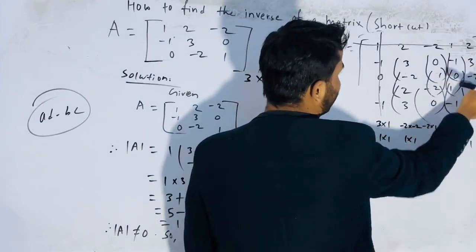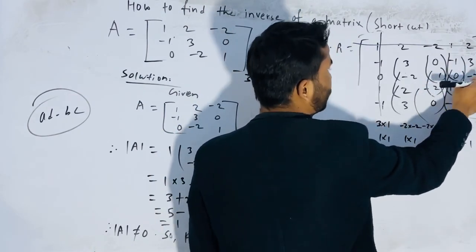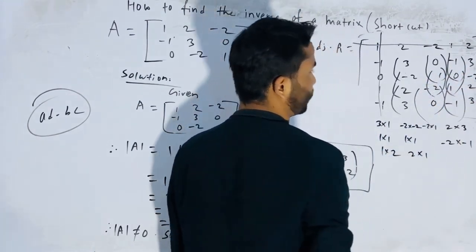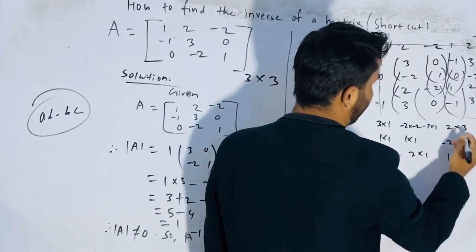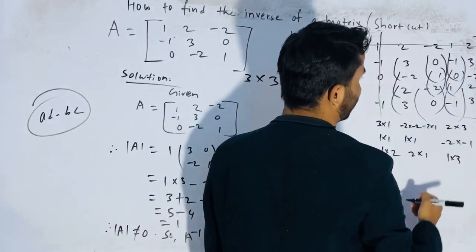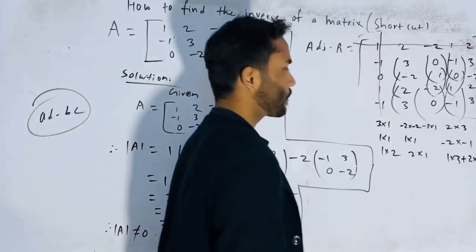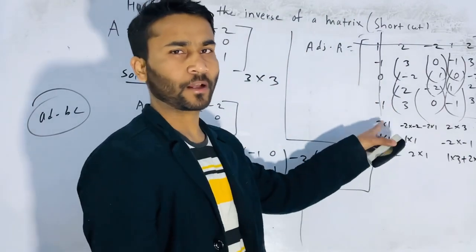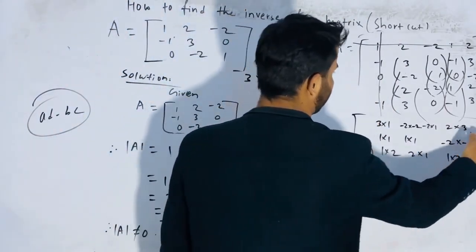Now let's calculate these 4 terms. So 0 into 0 becomes 0, and then minus into minus becomes plus, 2 into 1, so what is there? 2. Now let's calculate AD minus BC. 1 into 3, minus formula is here, so minus into minus becomes plus, and 2 into 1, okay. You can directly solve them and write, you don't need to write this step also if you wish.